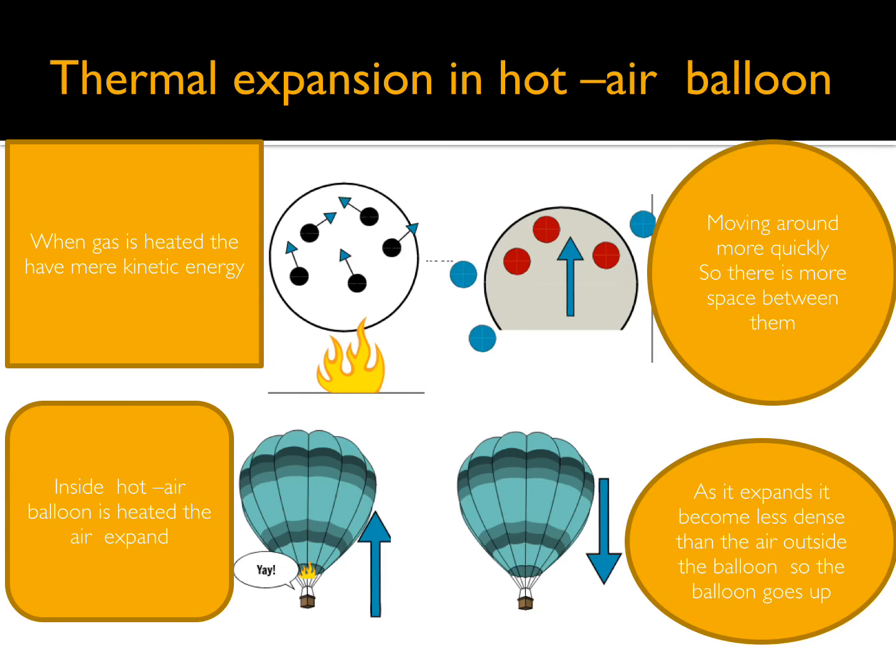As you can see in the picture, when a gas is heated, its particles have more kinetic energy, which means they move faster. They move around more quickly, so there is more space between them. The hot gas is then able to expand if it is not kept at the same volume by its container.